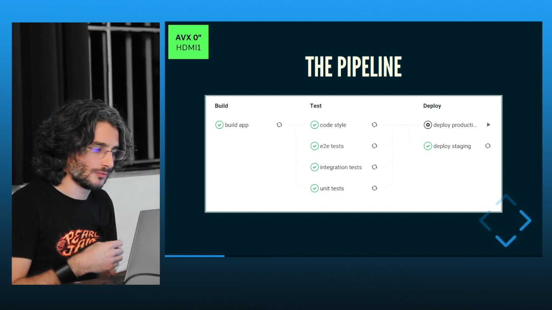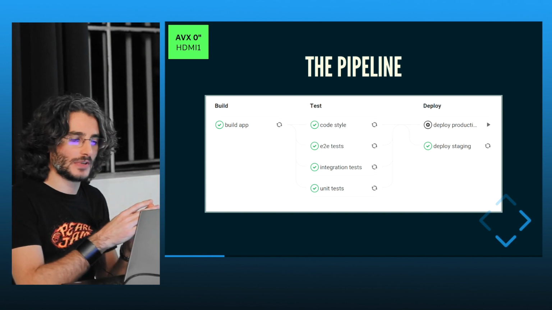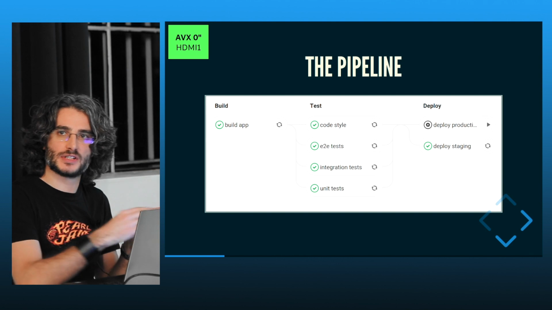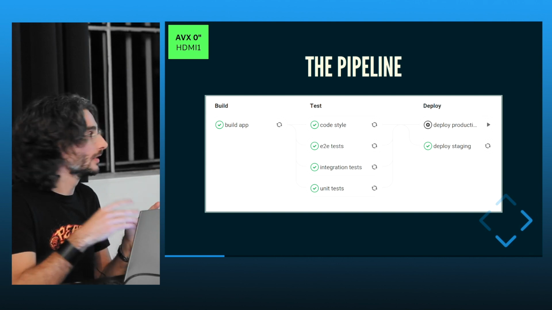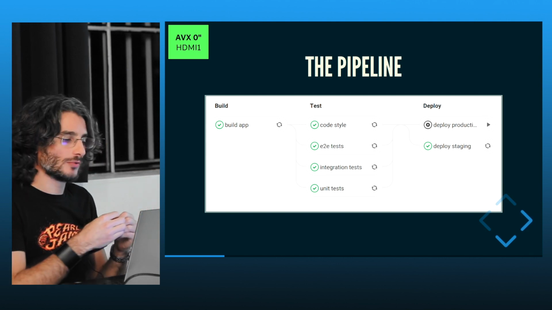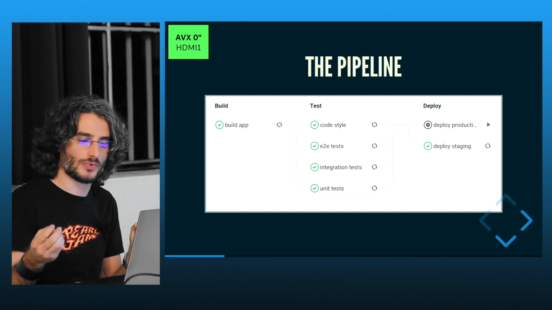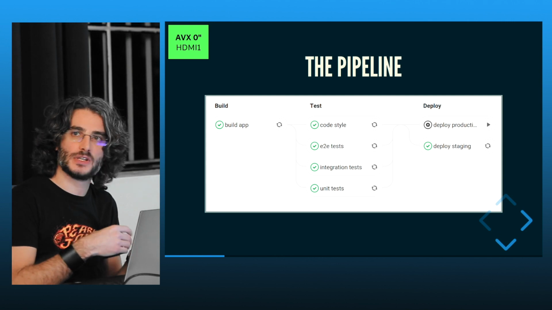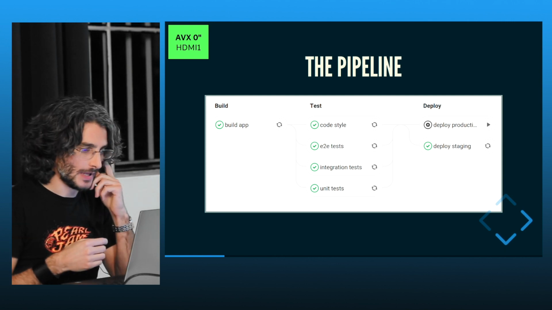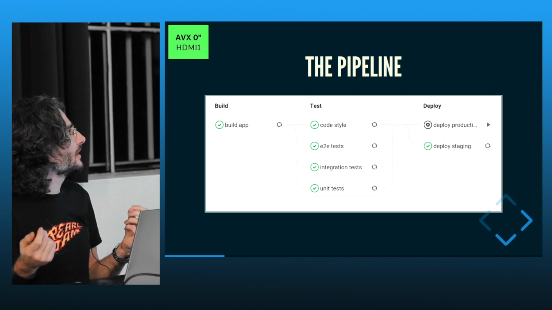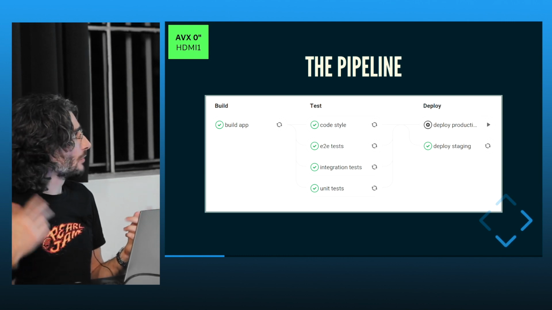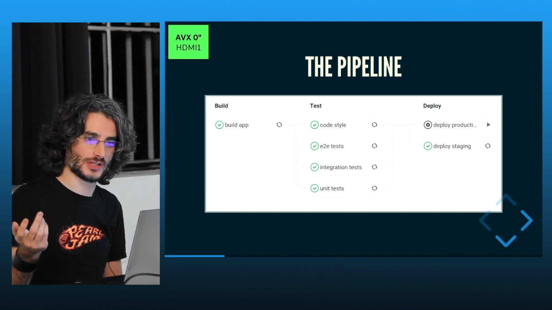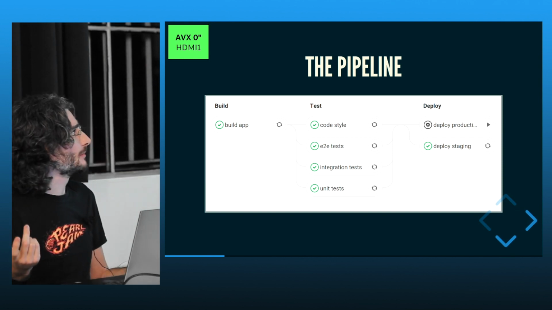And the concept is that you don't go to the subsequent stage unless all the stages before have passed. So in this example, we reach the deploy stage where we automatically deploy to a staging environment if none of the test jobs has failed. As you may notice in the deploy stage here, we have two jobs: one is automatically done, the staging deploy, and one has a little play button.